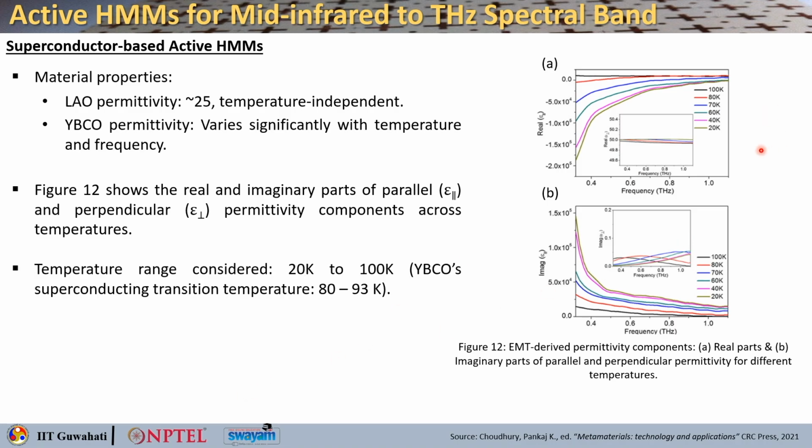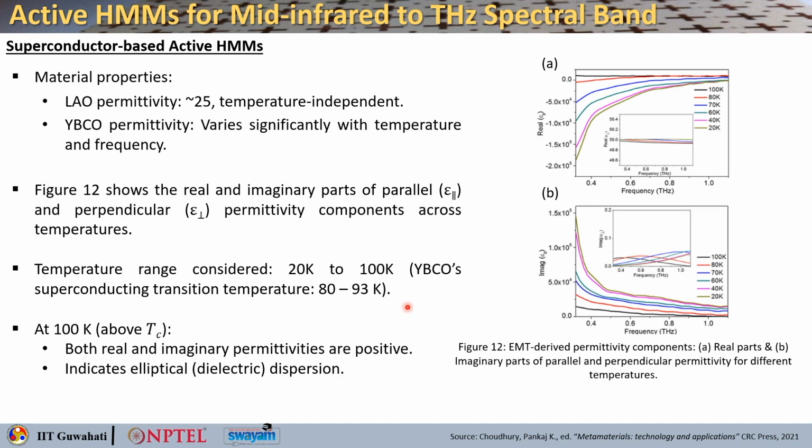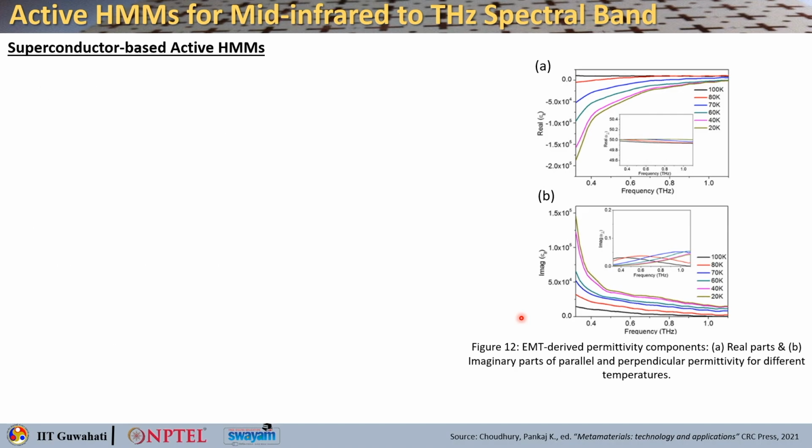So, the temperature range considered here is from 20 K to 100 K, because that is particularly interesting, because YBCO's superconducting transition temperature is within this 80 to 93 K. Okay. So, above 100 K, that is above your critical temperature, you will see that both real and imaginary permittivities are positive. That basically indicates an elliptical or dielectric dispersion curve.